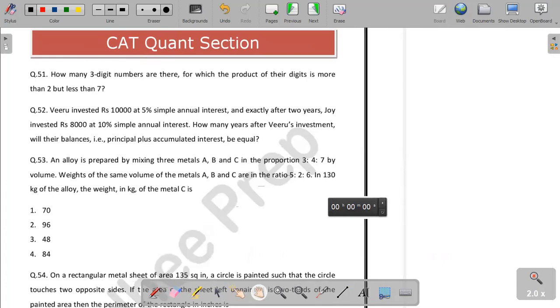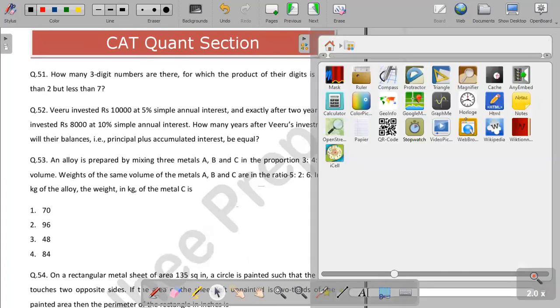Just wait a second. Oh, this is not a timer. This is a stopwatch. Sorry. I will try to put a timer. Let me see where it is.